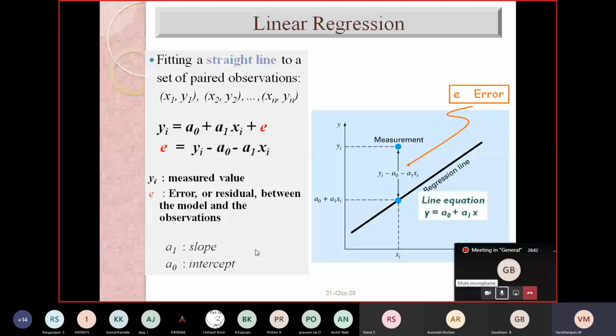Many times the error won't be positive, it may be negative, and therefore, in order to have a positive value, we have the power 2 on the RHS.